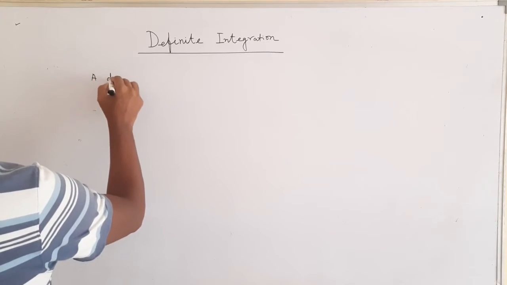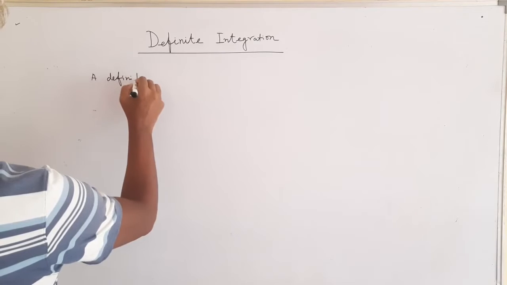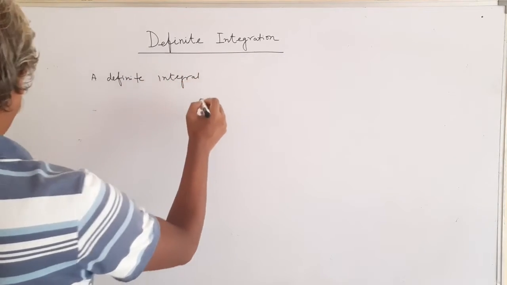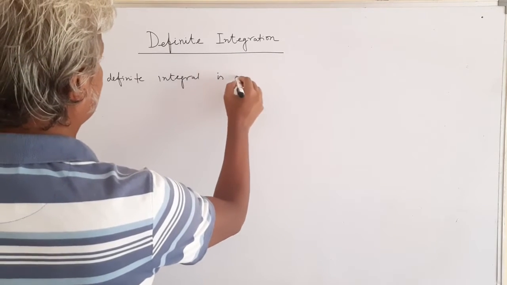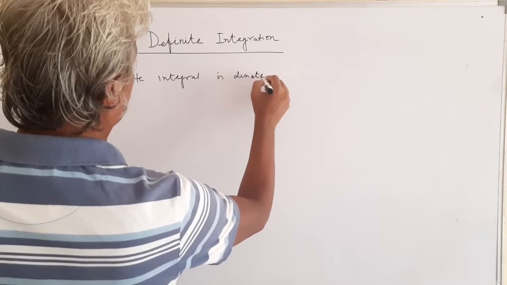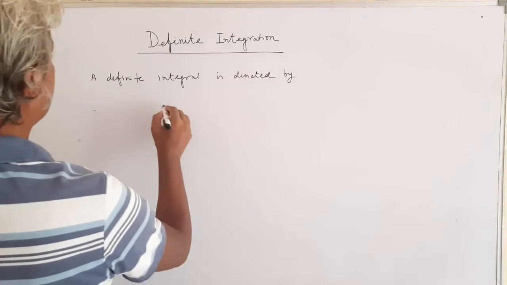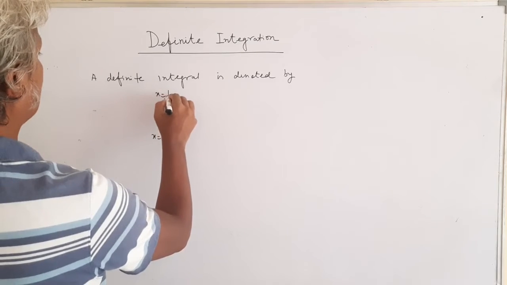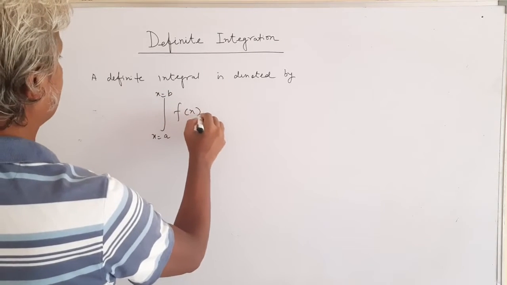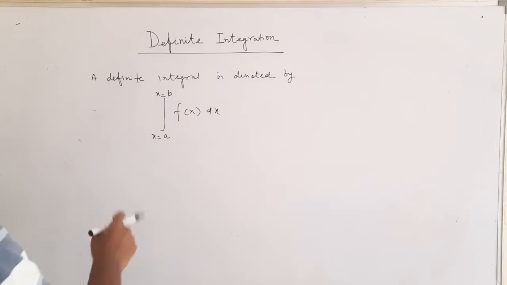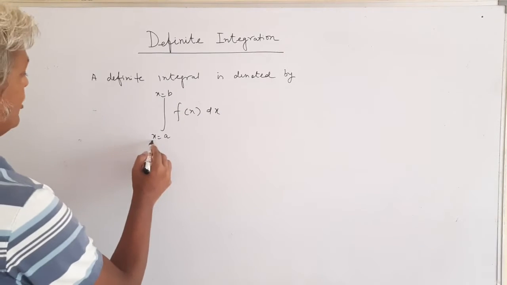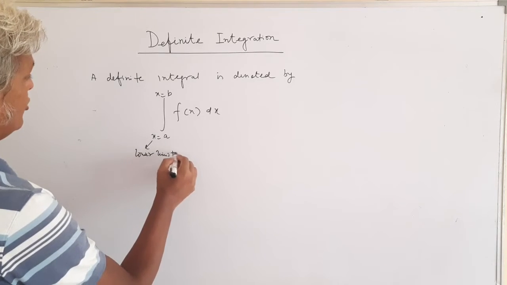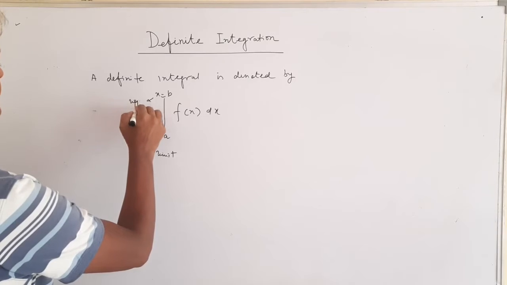A definite integral is denoted by the integral from x equal to a to x equal to b of f(x) dx. Now this x equal to a is called the lower limit, and this is called the upper limit.